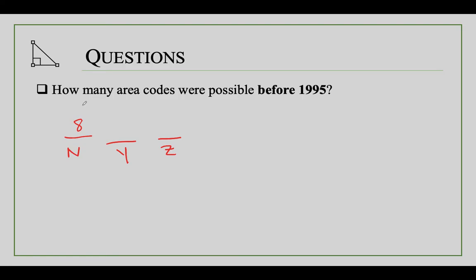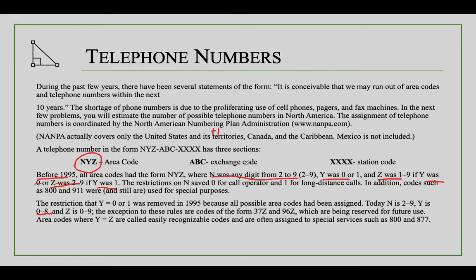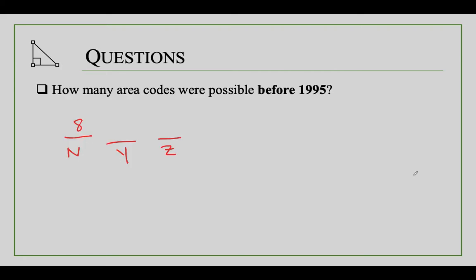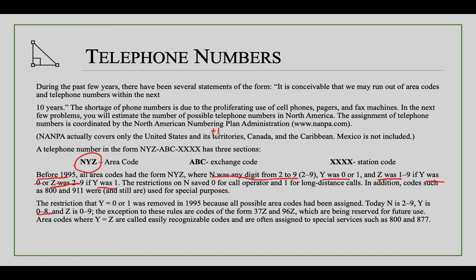Okay, and then Y was 0 or 1. So if Y was 0, let's start with that one. Z was 1 to 9 if Y was 0. So we have one option. Let me double check that.